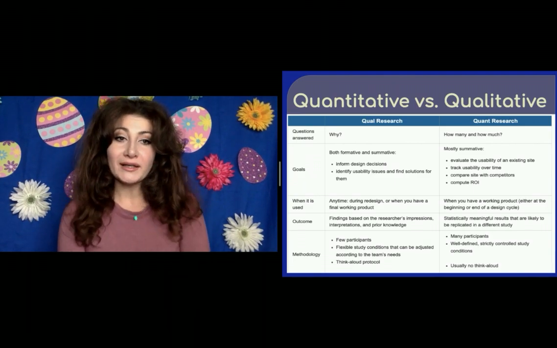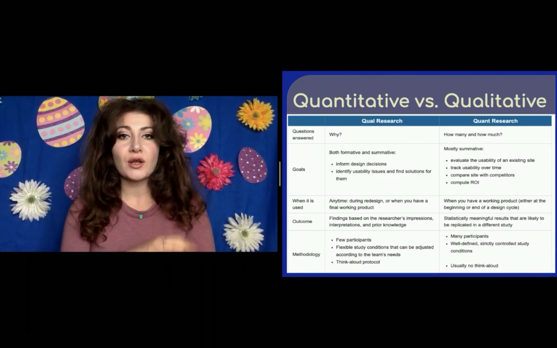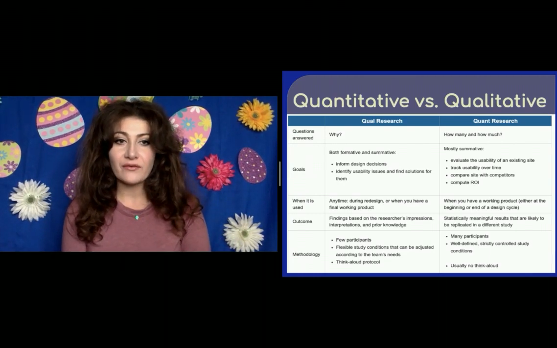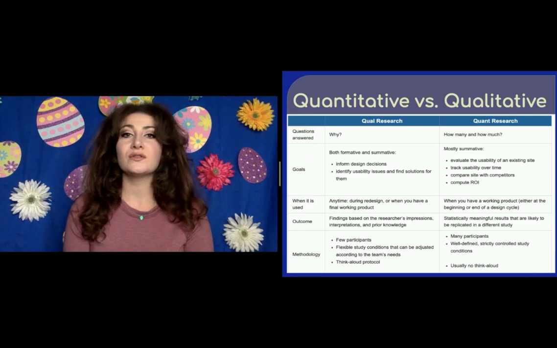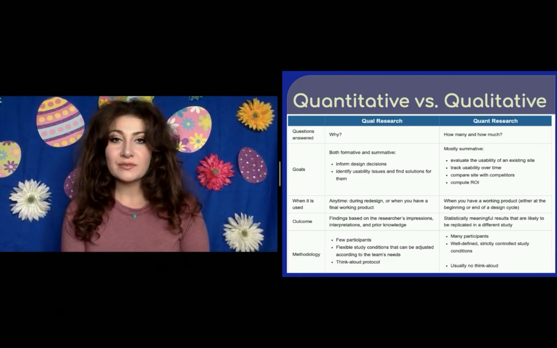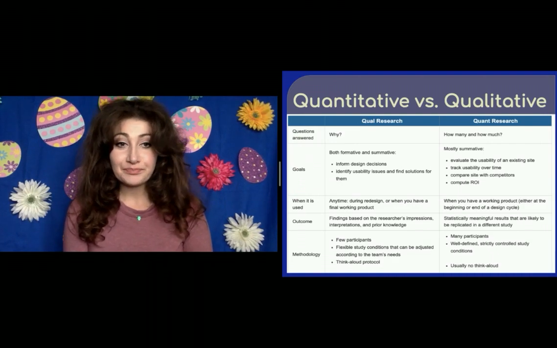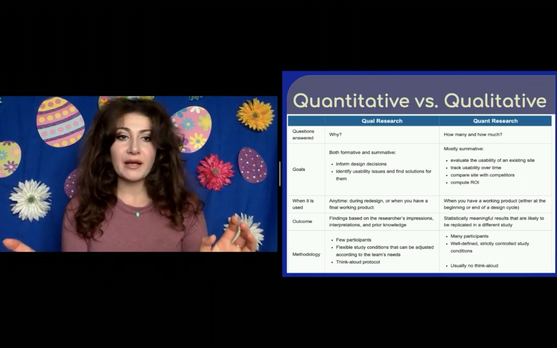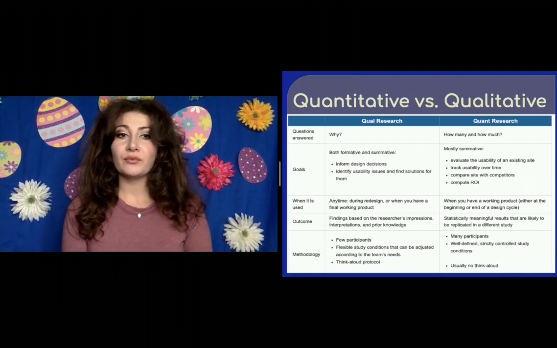If we talk about quantitative research, those are generally giving us a summary of the current data set that we have. And so we use that to evaluate the usability of something that currently exists. We can track usability of a certain product over time. We can compare product X with its competitors, and we can compare rate of interest.